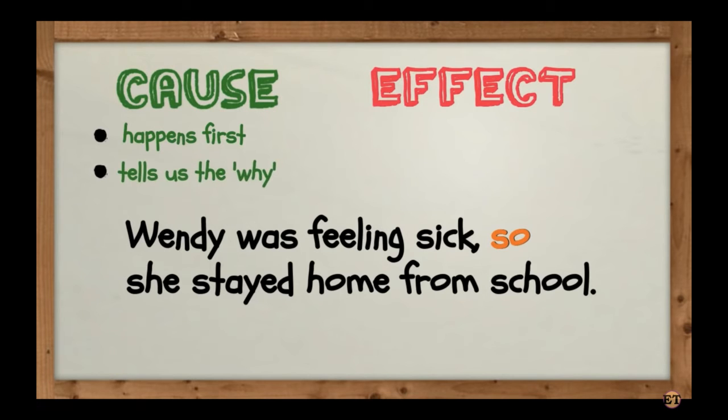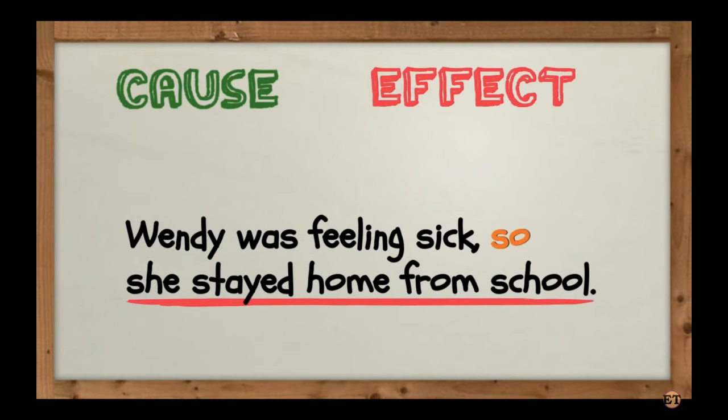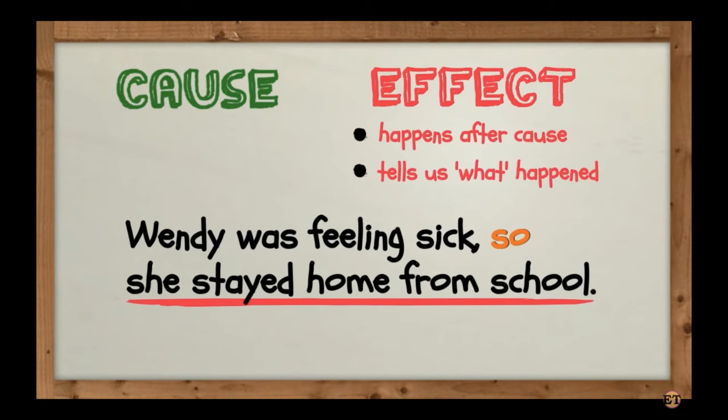And it answers the question, why did this happen? The cause must be Wendy feeling sick. It had to have happened first, and it answers the question, why? Why did she stay home? We know Wendy staying home from school must be the effect, because it happened after the cause, and it tells us what happened. Wendy stayed home.